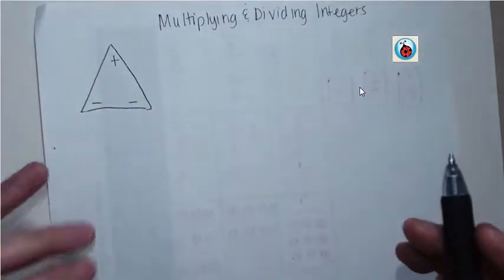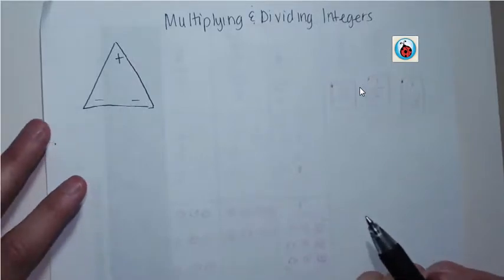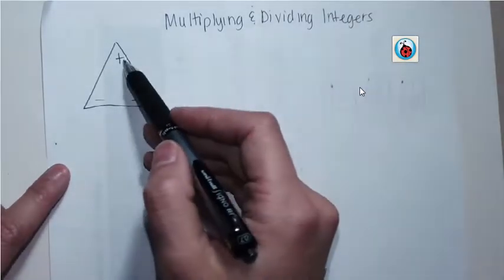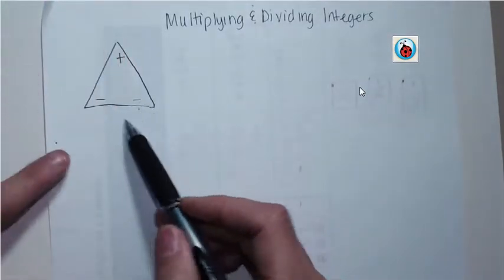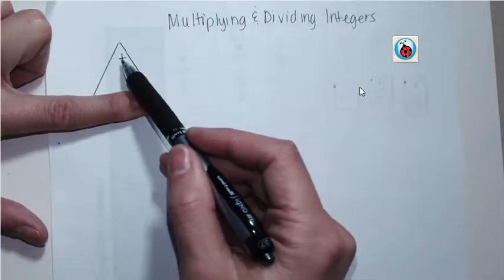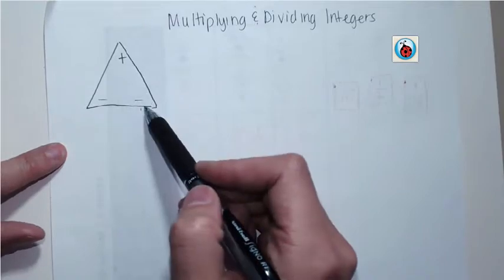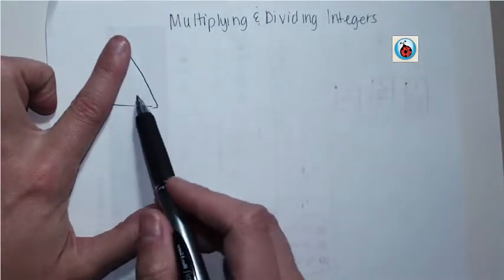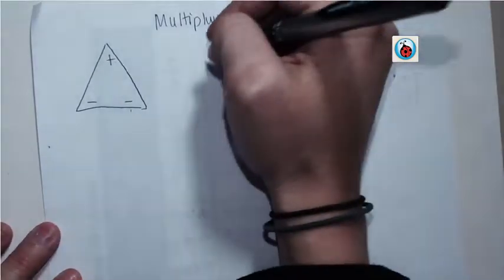The same is true for dividing. If I divide a positive by a negative, cover it up, my answer is going to be negative. If I do a negative number divided by a negative number, cover those up and I get a positive. Very simple, same exact rules.